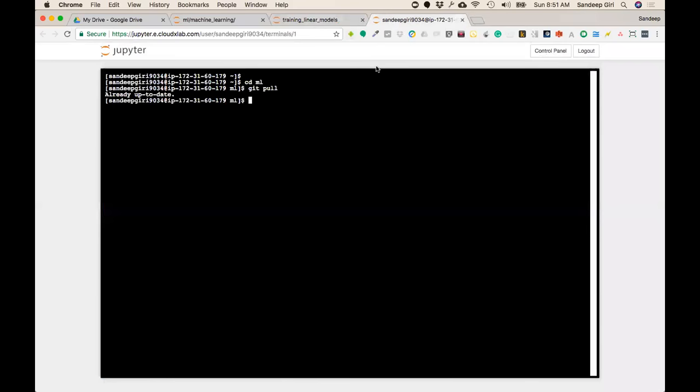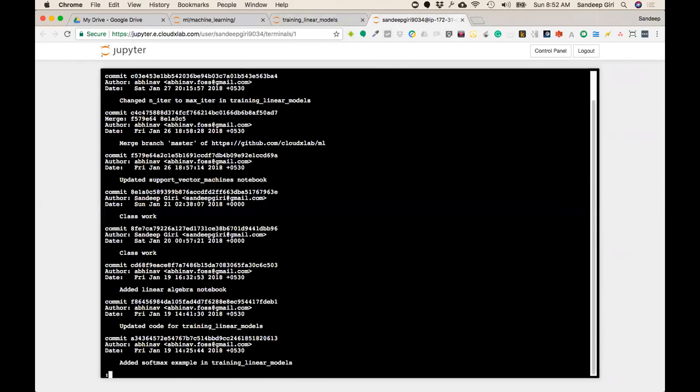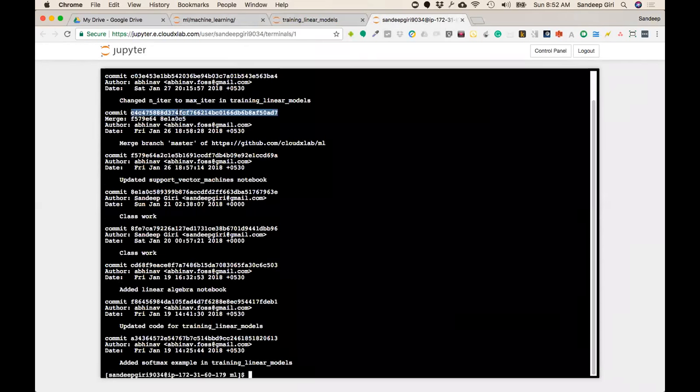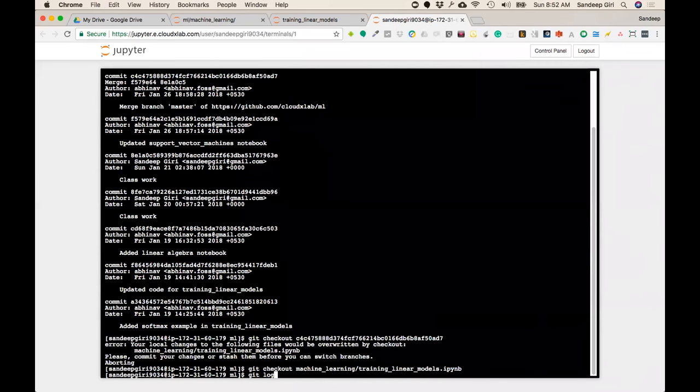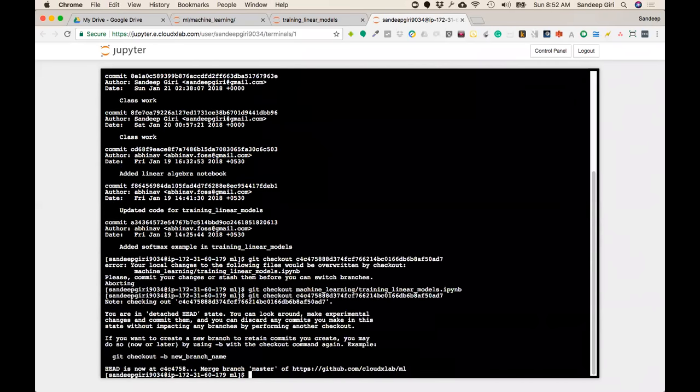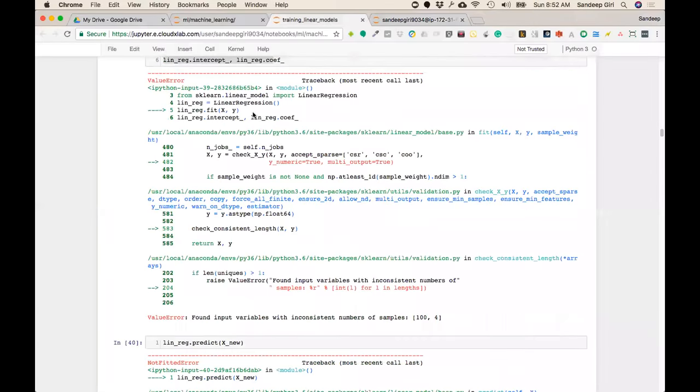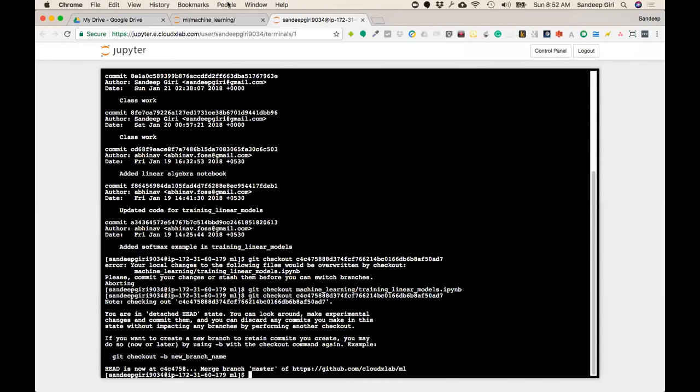Okay, so looks like the newer version doesn't look good. So for now I've just checked out an old version. So I'll open this as well.